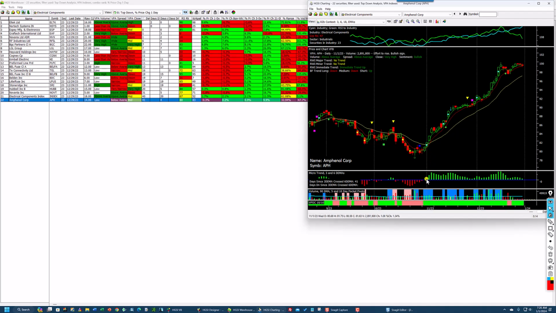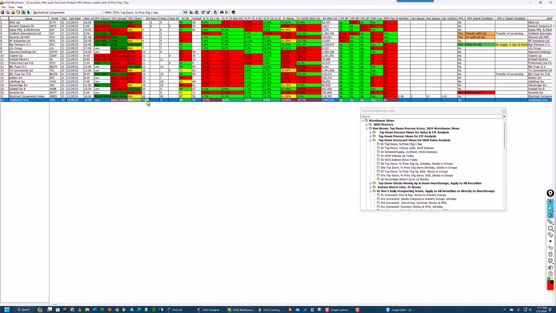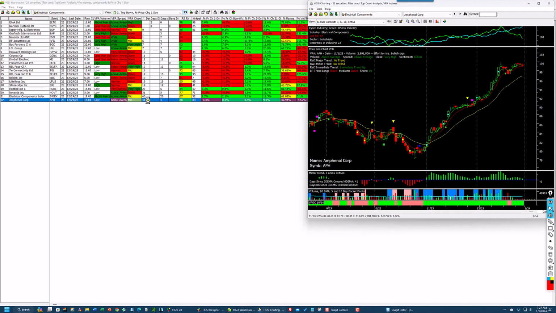That's 41 days ago. So in this group, when the index crossed over, this stock was leading the way, and it looks like it's still leading the way.